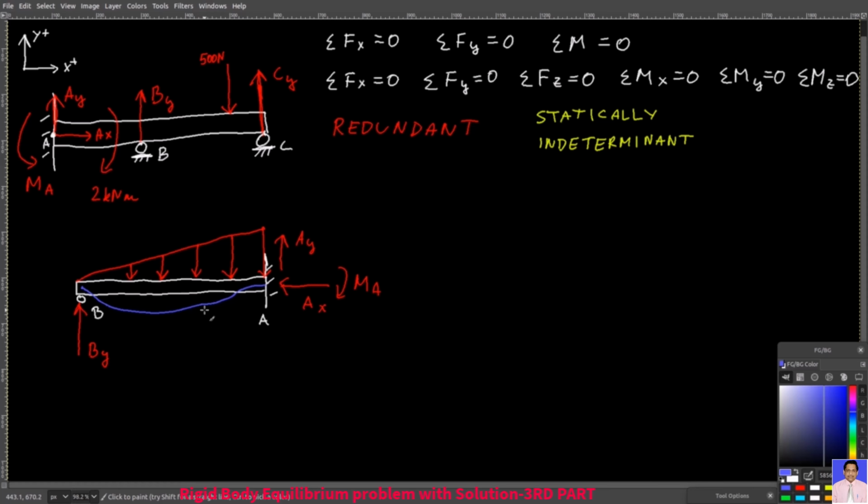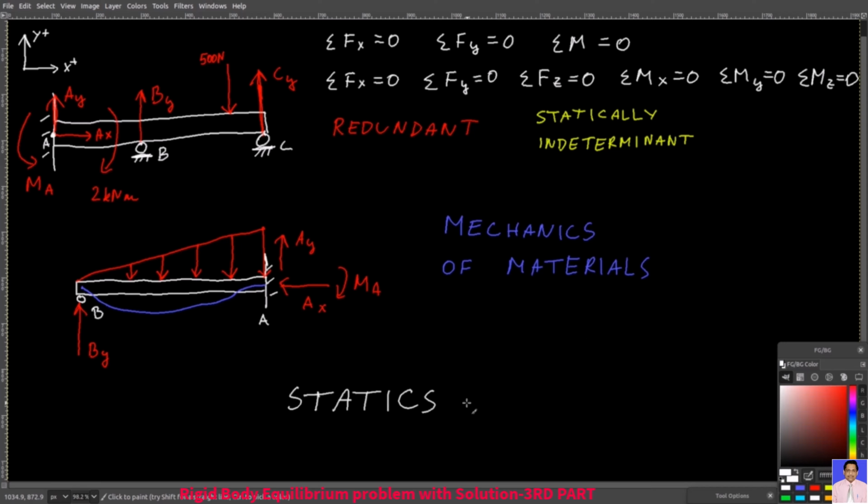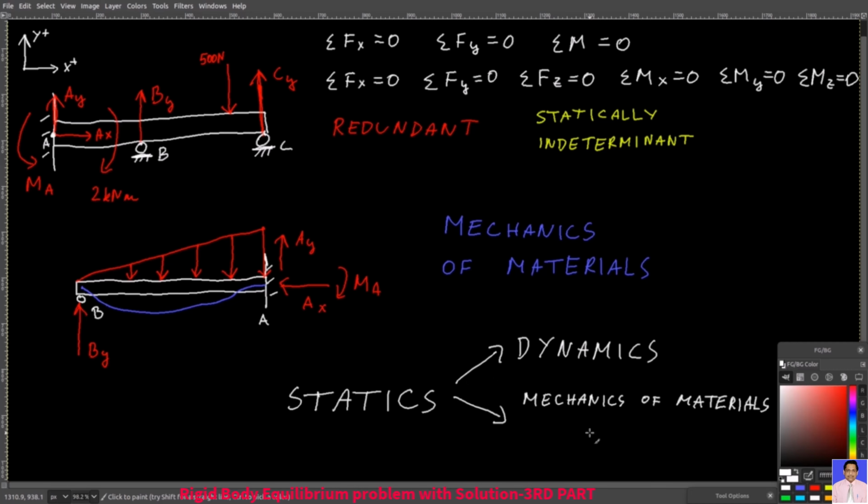If you know the material properties of your beam, then there are equations that give you the ability to solve for these 4 unknowns. This is part of mechanics of materials, which would be the next logical step after statics. After statics, you can essentially go in 2 directions: dynamics and mechanics of materials, which is essentially non-rigid structural analysis.